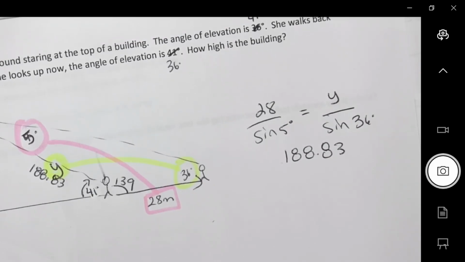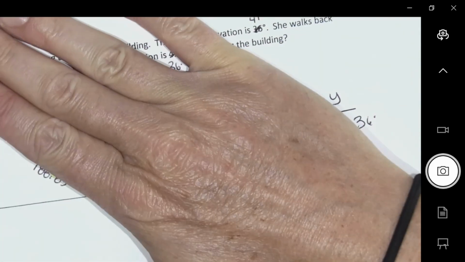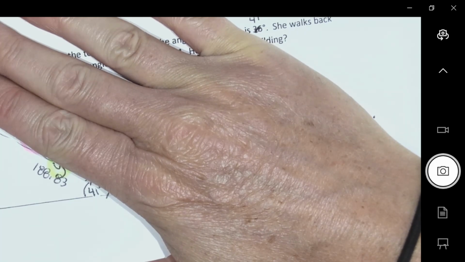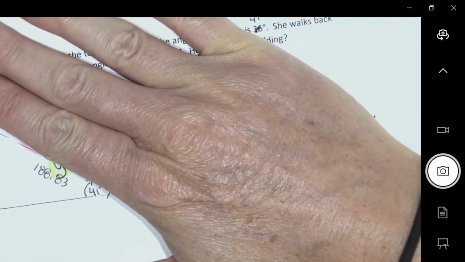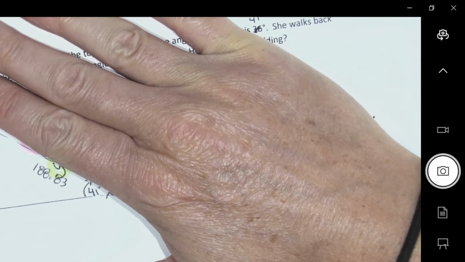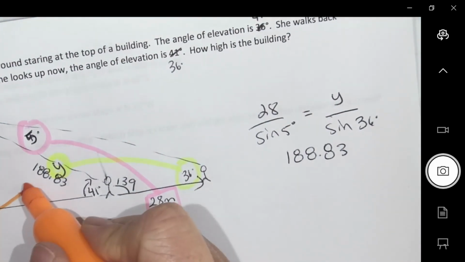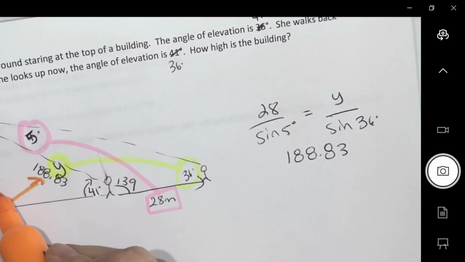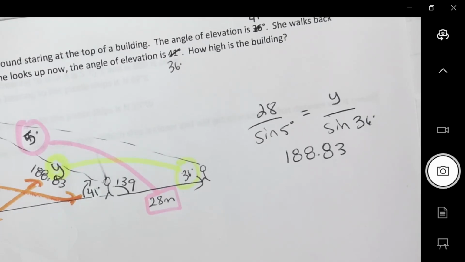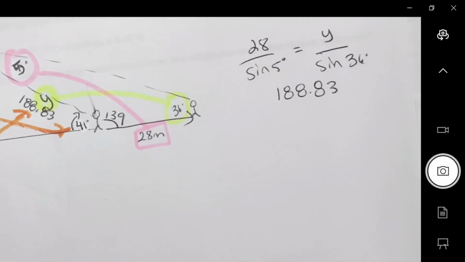Okay, 188. Our number's looking okay, matching. I'm going to forget about that triangle now. So concentrate on looking at this triangle. Do you have another strategy now, again, trying to get the height of the building? So now I have a pair and a pair. So 2 pairs. So I can do sine law again.